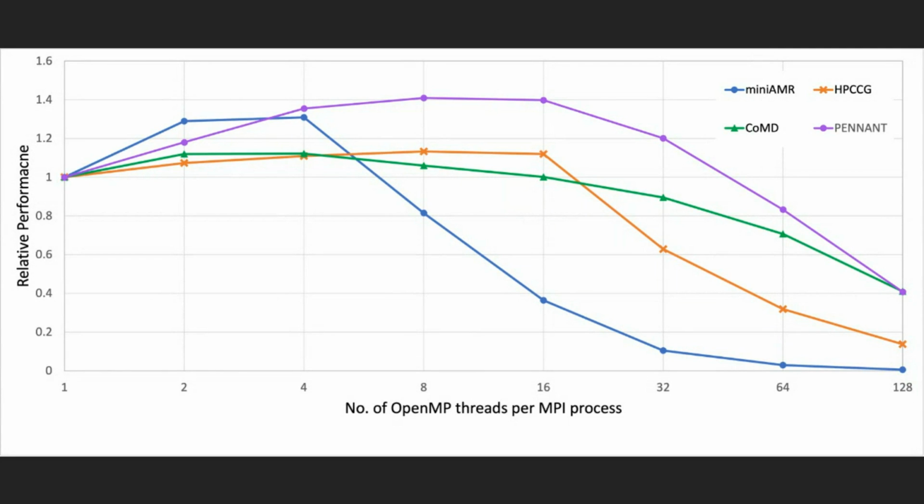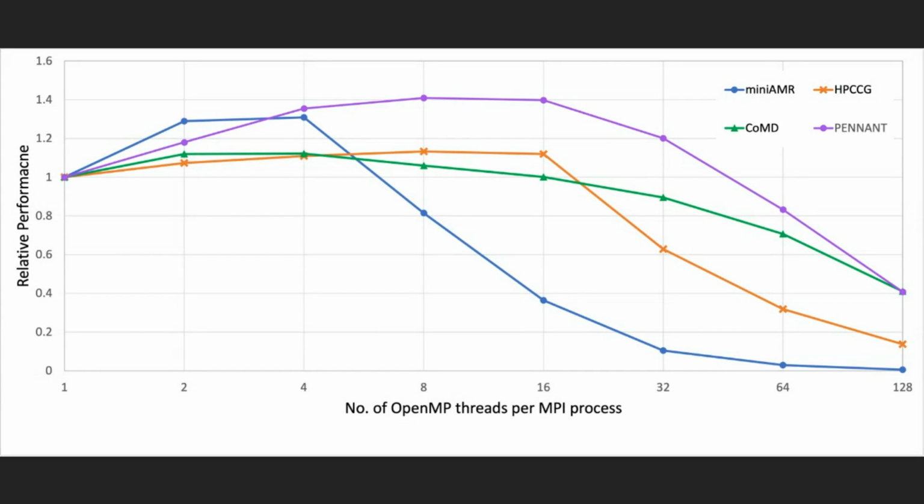Hi, everyone. Just very quickly before we take a lunch break, I thought I'd share some results from some hybrid OpenMP MPI benchmarks that I ran on ARCHER2 a while ago. What I'm showing here is the relative performance compared to the pure MPI version.